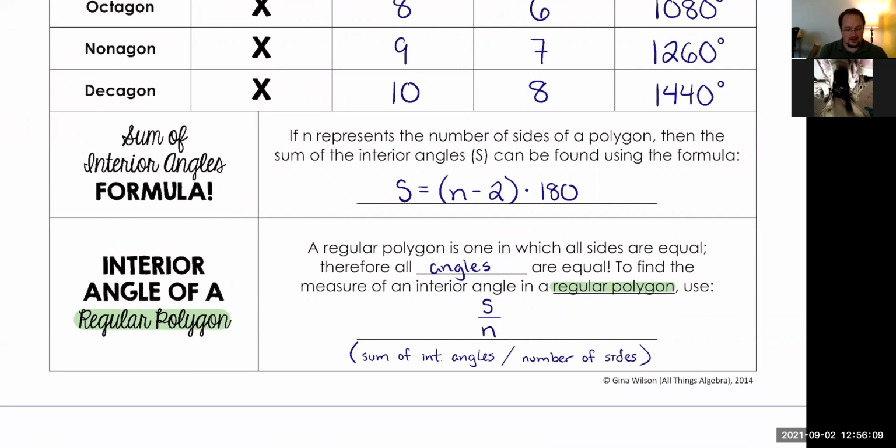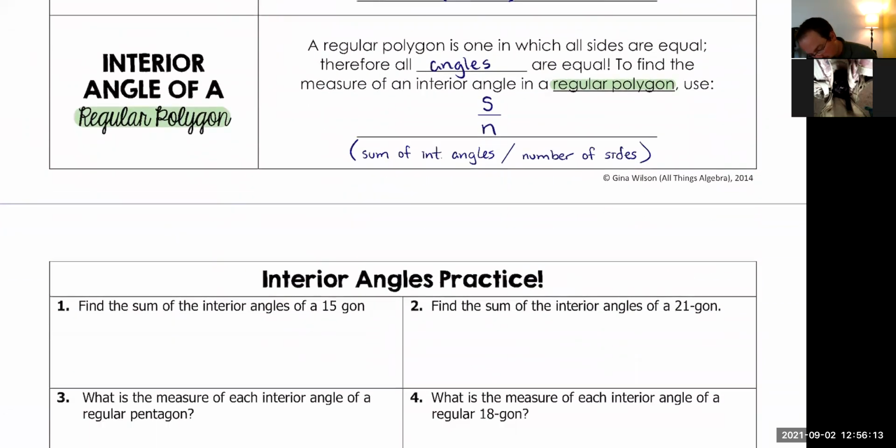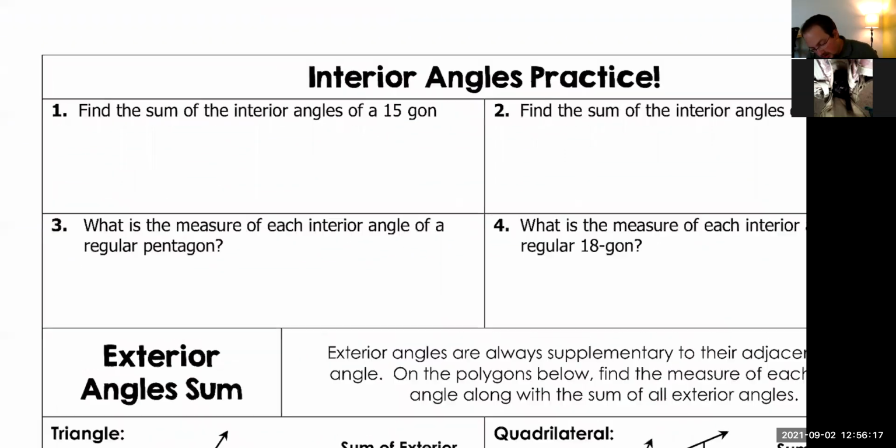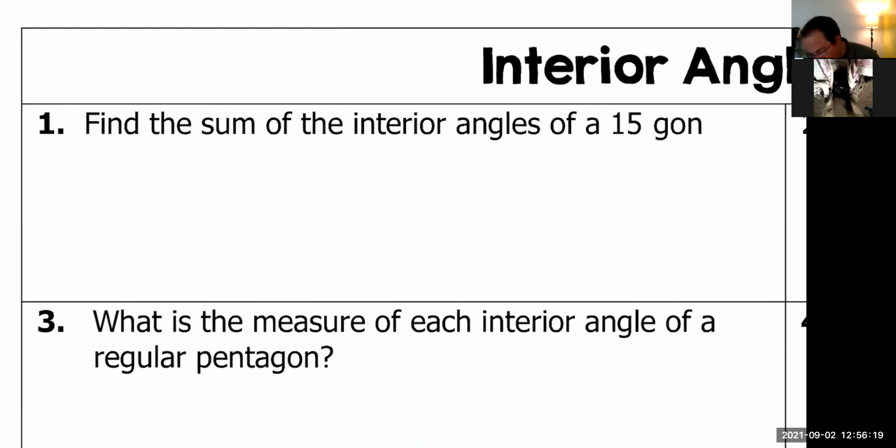So we're going to do some practice examples here. Number one asks us to find the sum of the interior angles of a 15-gon. Off to the side here, 15-gon is just telling me that the number of sides is 15.